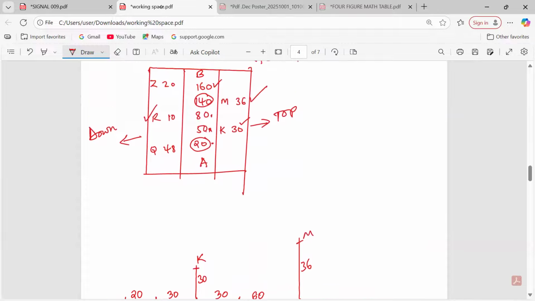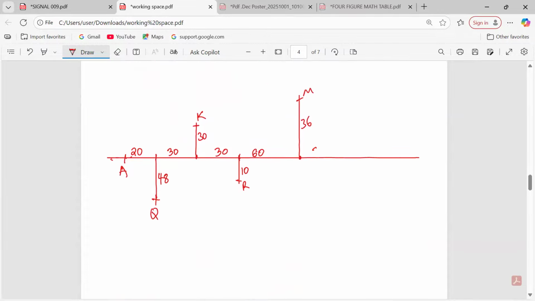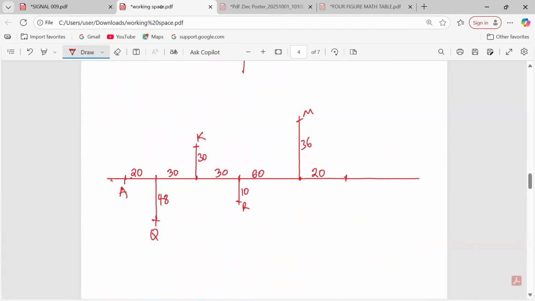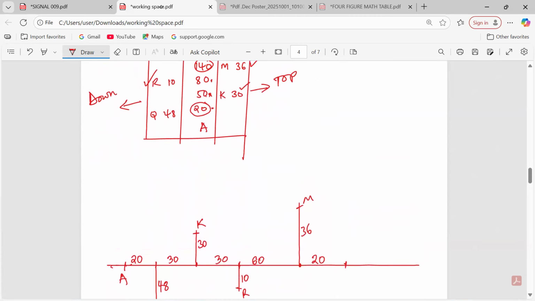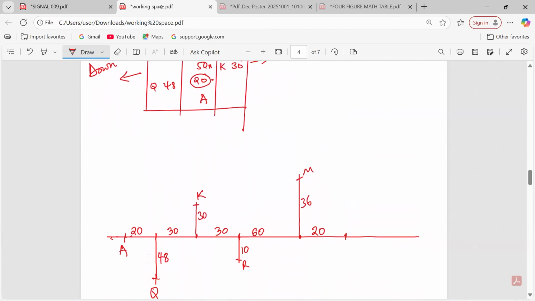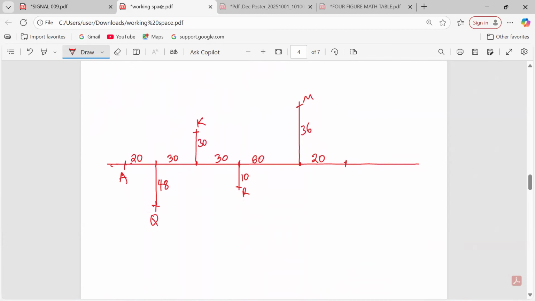So we are just adding 20. After marking 20 here, we proceed to the side where R is for 20. 20 to where? To Z.